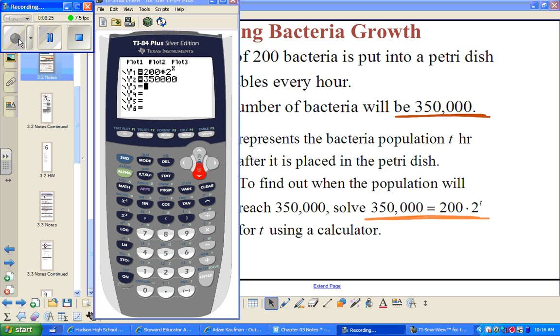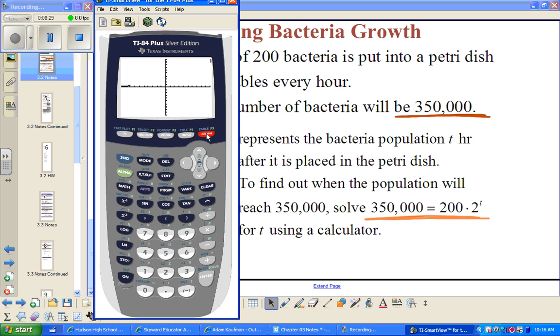So that's what I have in my calculator right now. If I just go to the graph on a normal window, this is what I would see. Well, you know that you're looking at y to be 350,000. So you would want to change your window to represent something more along those lines. So I want y to be 350,000.